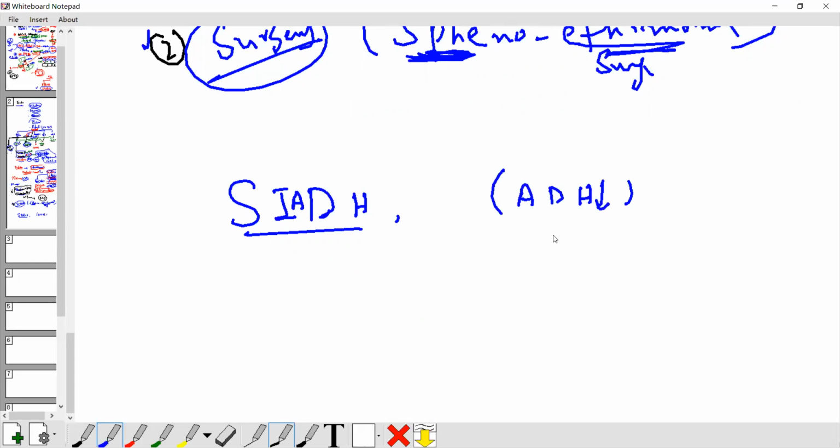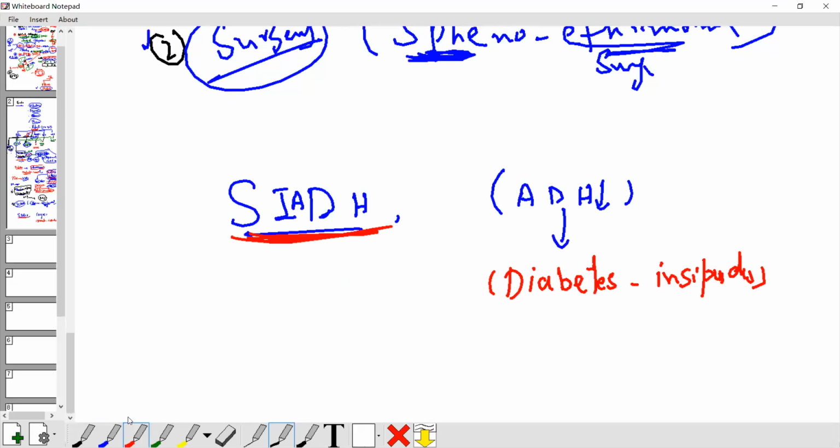If no ADH, it leads to diabetes insipidus. And this one is SIADH, a very high level of ADH.